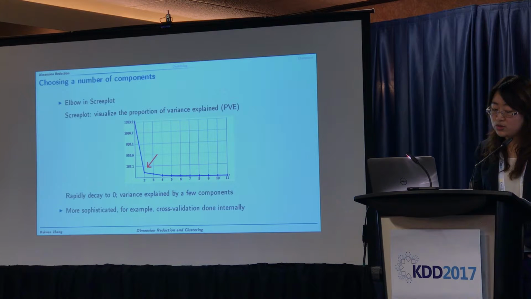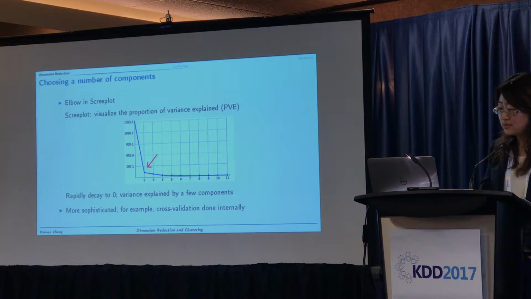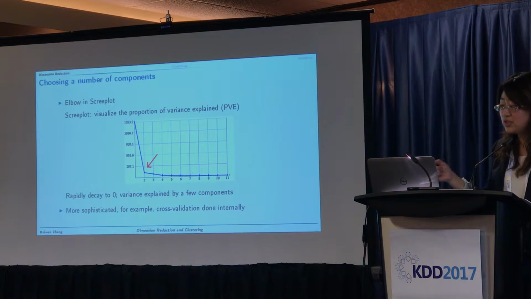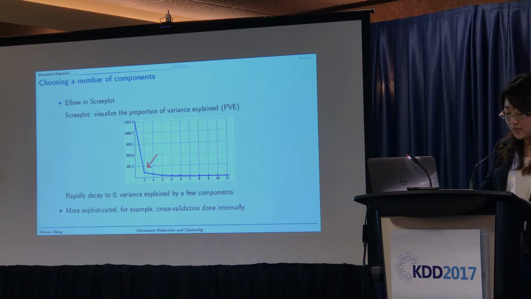As I mentioned, we usually use a scree plot to choose the number of PCs. And a scree plot displays the proportion of variance explained by each principal component. Since we order the PCs on the x-axis, this PVE curve is always non-increasing, and it usually decays rapidly, which means that the majority of the variance in the data can be explained by the first several PCs.